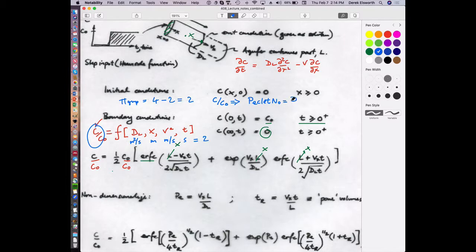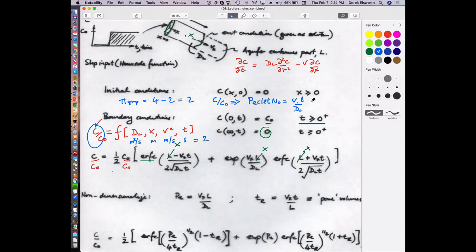We can get one which is called the Peclet number, which we mentioned last time, which is velocity times length divided by dispersion. When advective velocity is big, then this is a big number, bigger than 1. When dispersion dominates, it's less than 1.